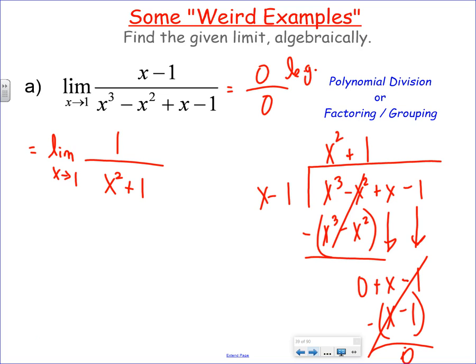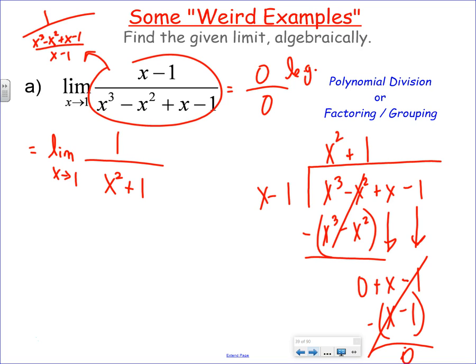If we were to flip this and do 1 over x cubed minus x squared plus x minus 1 all over x minus 1, I could say, oh, there's my little polynomial division. He goes in the box, he goes outside, and then divide. That's what goes down there. So we can do polynomial division even if it seems upside down from when we would normally do it. We just have to make sure it's 1 over that answer.